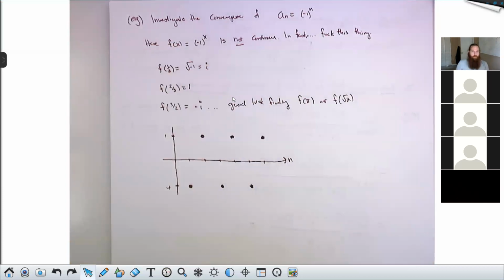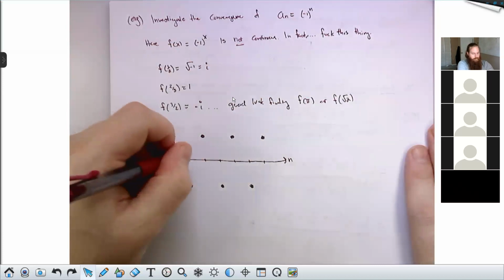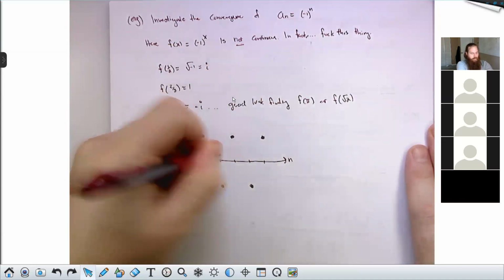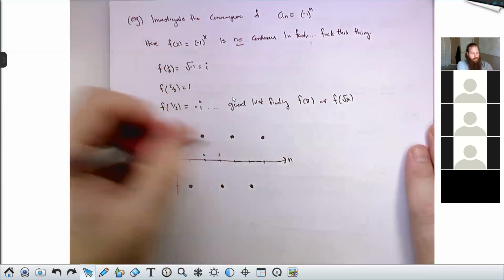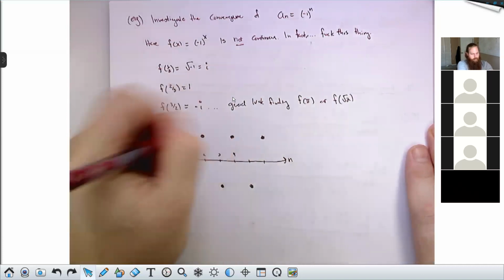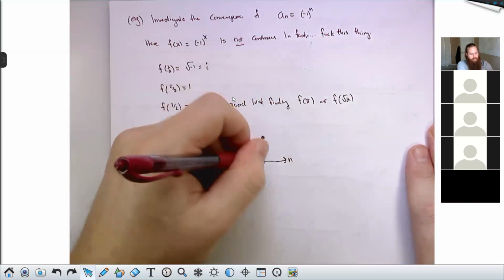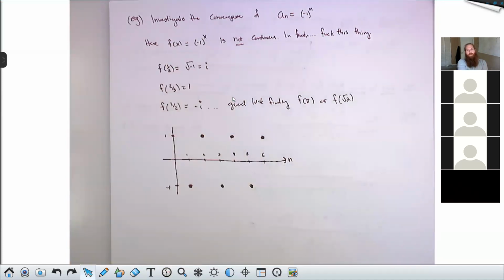Remember, -1 to the 1, that's -1. -1 to the 2, that's +1. -1 to the 3, that's -1. -1 to the 4, that's +1. -1 to the 5, that's -1. -1 to the 6, that's +1 again.